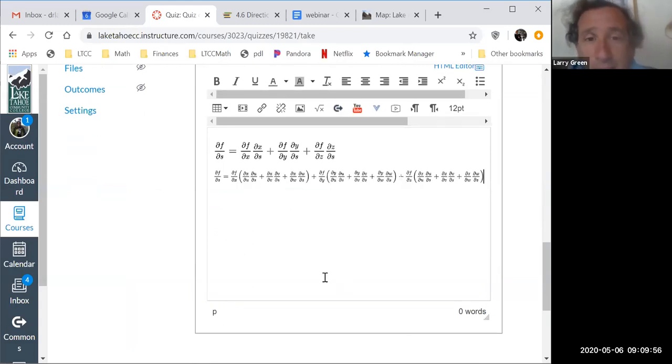I know it's small because there's a lot of writing here, but there's your chain rule. Any questions on this chain rule?